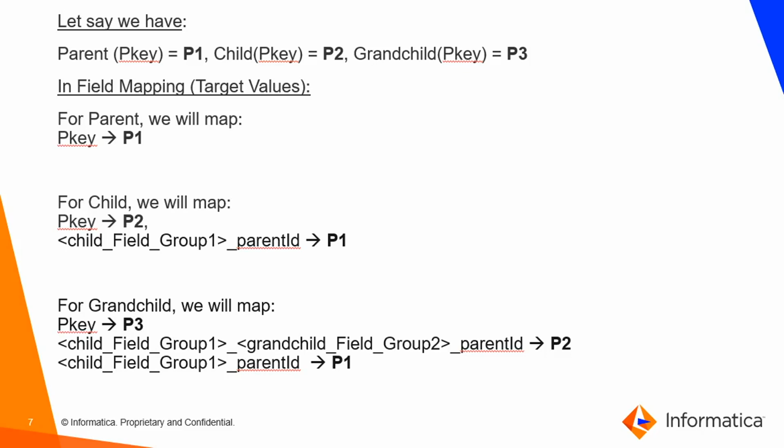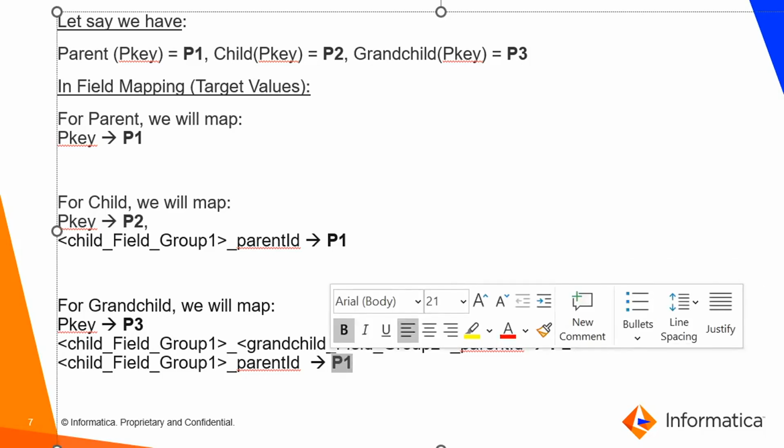But there is one more field, child field group 1, actually the name of the field group, and it's mapped with P1. For the grandchild we'll map PKey to P3, and the child field group in grandchild field group underscore parent ID is P2, which is the child, and this one is P1, which is the parent.